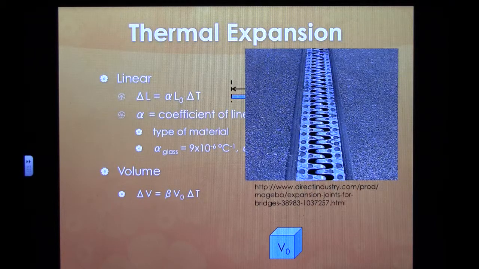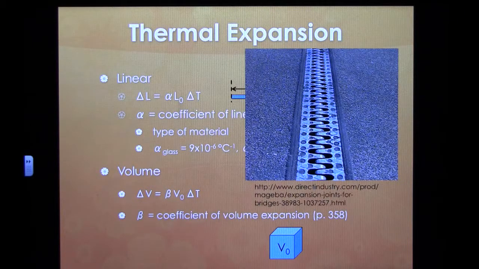Again, these values can be found on page 358. You may notice, when looking at the table on page 358, that the value of beta is usually right around 3 times the value of alpha. This is by no accident.